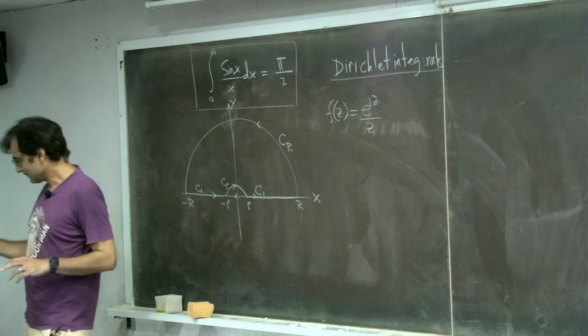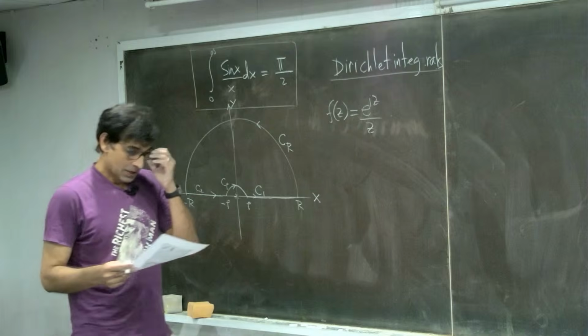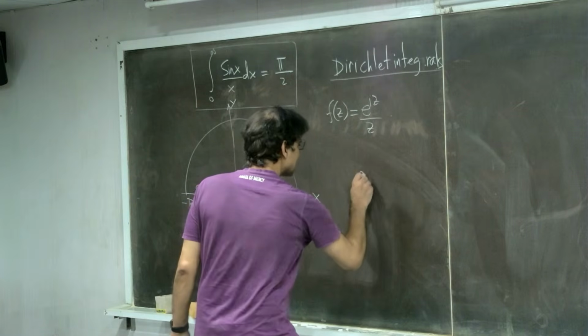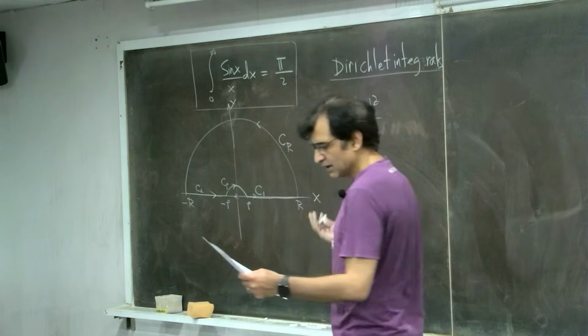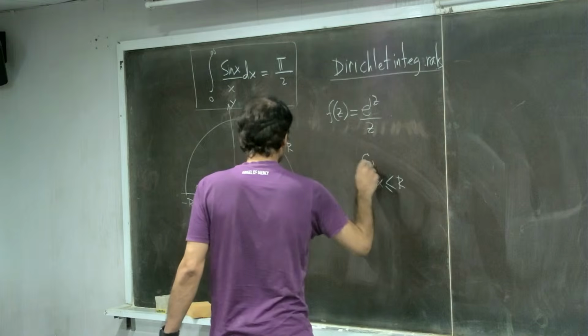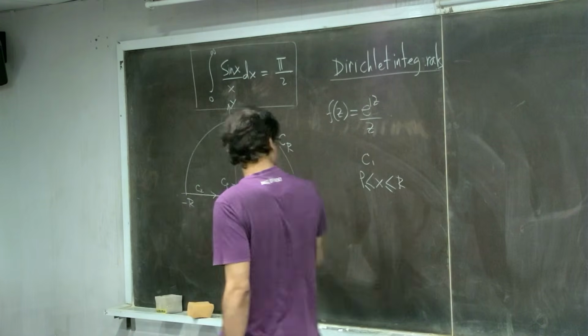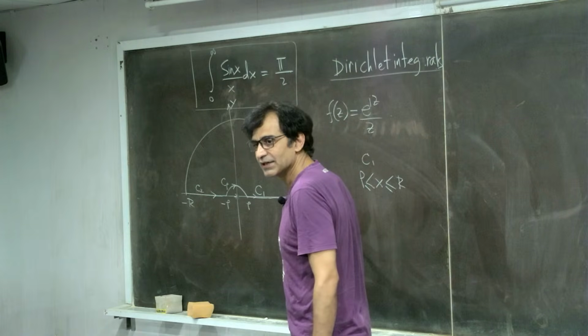So, now remember, rho is less than x is less than r. You can take it, if you like, you can equal r, for, let's say, C1. This is x, so x maximum is r.